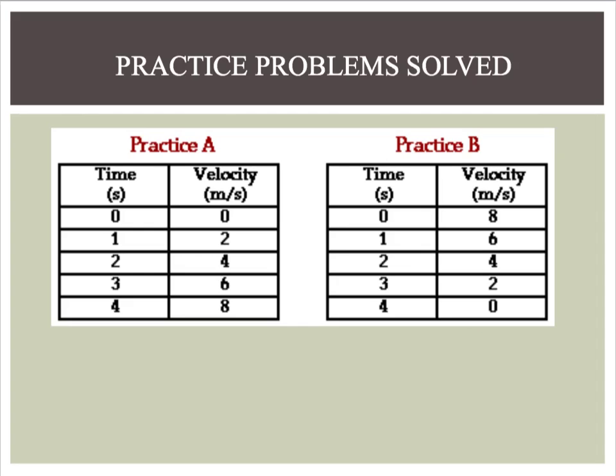So we have some practice problems here dealing with these data tables, and we're just going to assume that a car has been traveling for a certain amount of seconds, and as it's starting in this first table, we see that at the very beginning the velocity is 0, which means the car is sitting still, and after 4 seconds the velocity has gone up to 8.